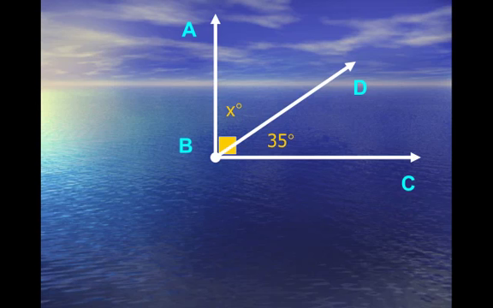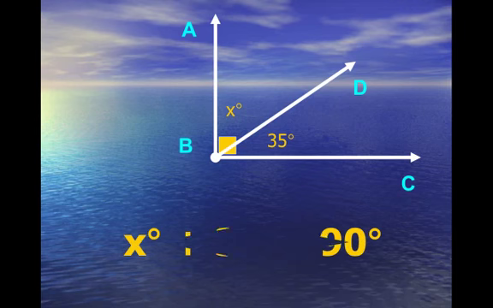Inside that 90-degree angle, two smaller angles are also there. Angle ABD, which measures x degrees, or an unknown quantity, and then we also have angle DBC. Angle DBC measures 35 degrees.